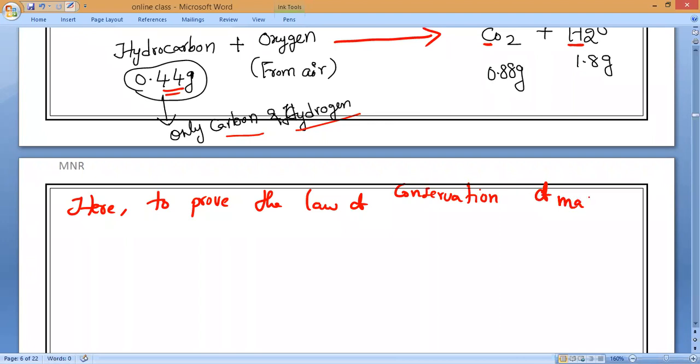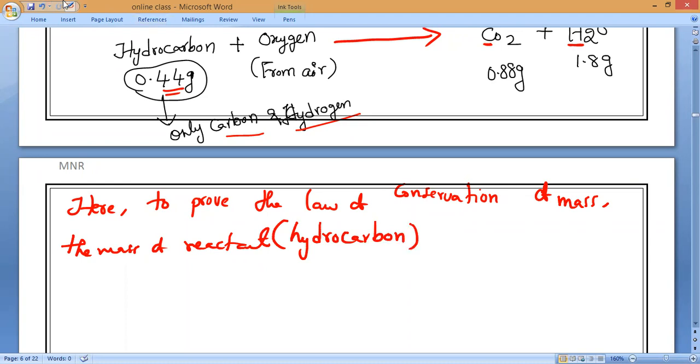Here, to prove the law of conservation of mass, the mass of reactant should be equal to the mass of products. Reactant means who? Who is the reactant? Hydrocarbon. If you do not understand, please ask me, I will explain. The mass of reactant means hydrocarbon should be equal to the mass of products.